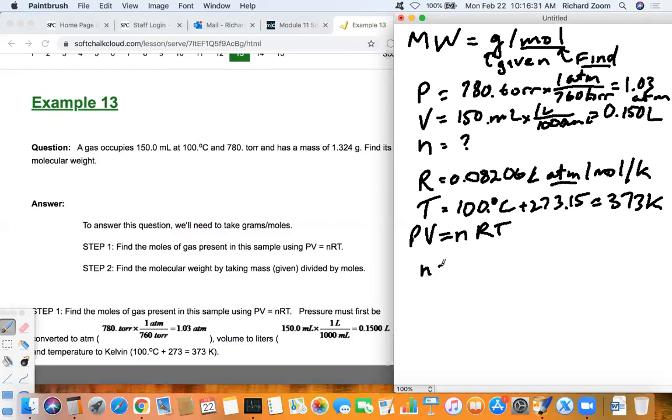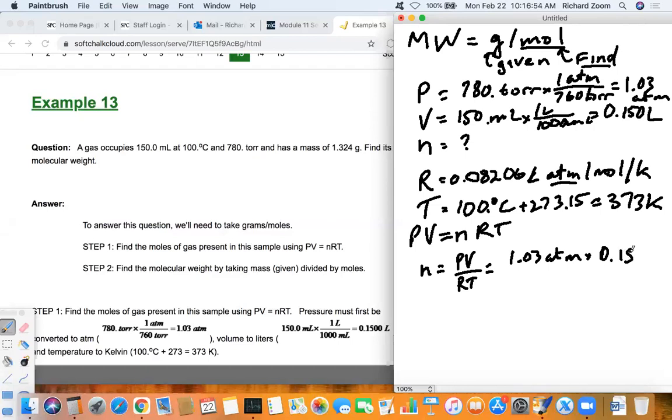Oh, okay. But like I was showing you in some of the other ones, sometimes you need to convert it, sometimes you don't. It all depends if it's in the right unit or not. You'll always have the R value and the units, so you'll know exactly what units you'll need at any given time. You never have to guess.